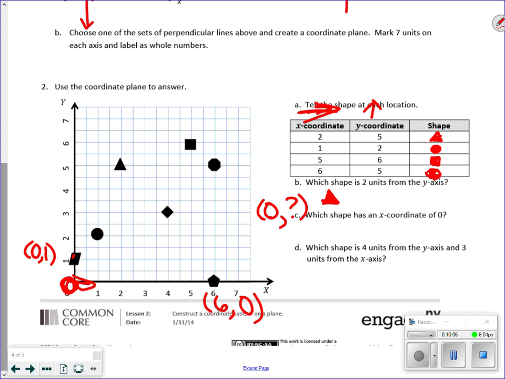Don't go up. I went up 0 spots. So it's to the right 6, up none. If it's directly on the axis, whichever direction it did not go is a 0. It did not go to the right, so X is a 0. It did not go up, Y is a 0.